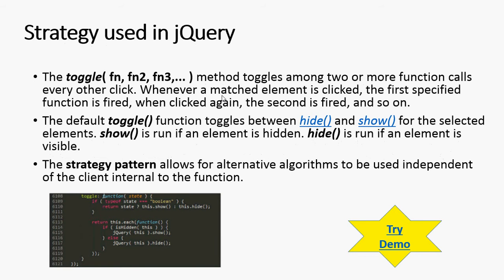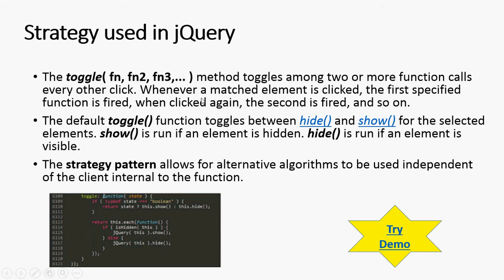So how does this work in jQuery? Here is the toggle function, and in this function you can define multiple functions, and this toggle method toggles among the functions you define here, calling every other one on each click.